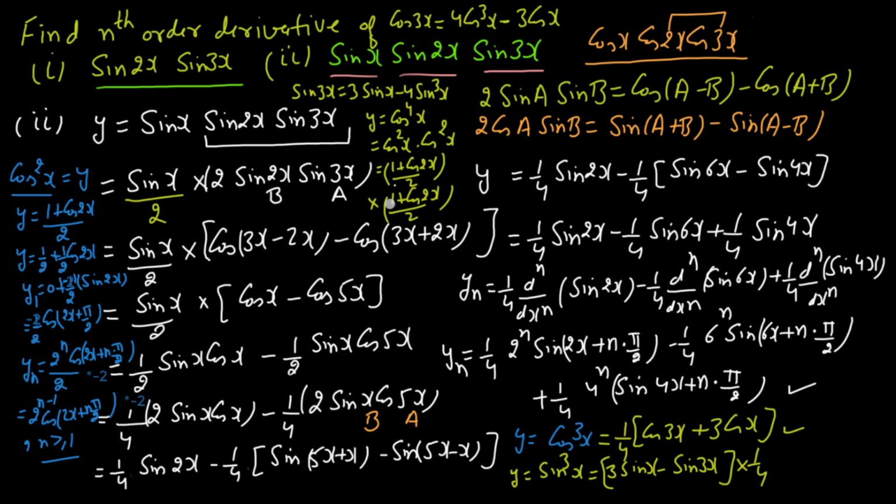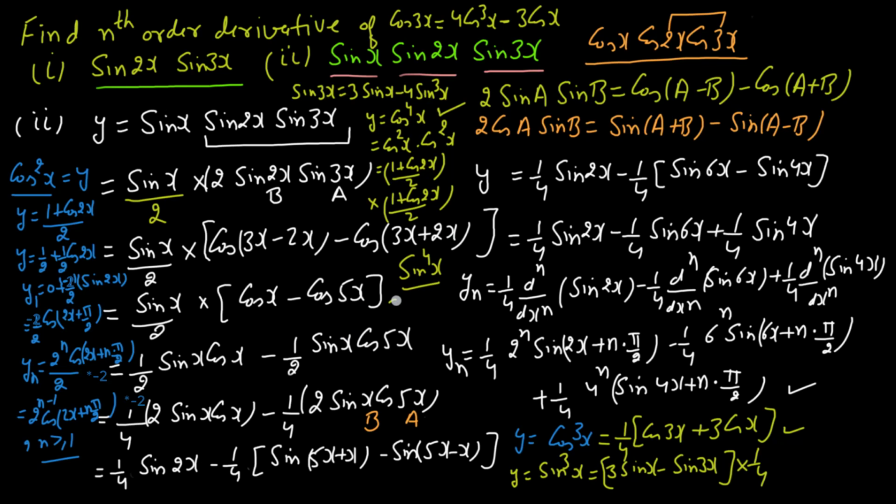Now we'll multiply them and we'll get the result, and whenever there is a product you will use the formulae of sin A sin B, cos A sin B, cos A cos B, and something like that. You will be using them and converting them into a sum of elementary trigonometric functions. So with the help of that we can also calculate the nth order derivative of cos raised to the power 4 x.